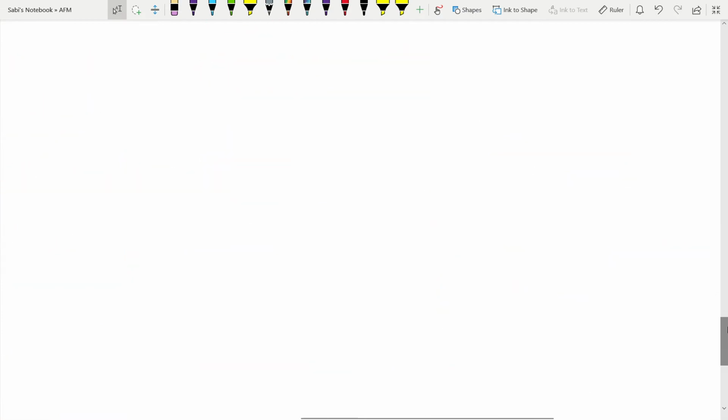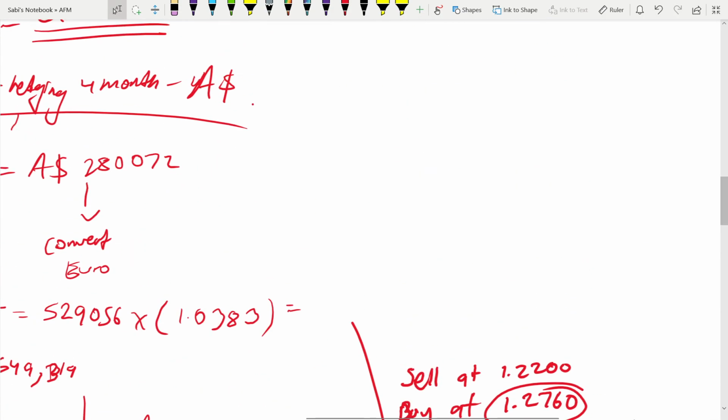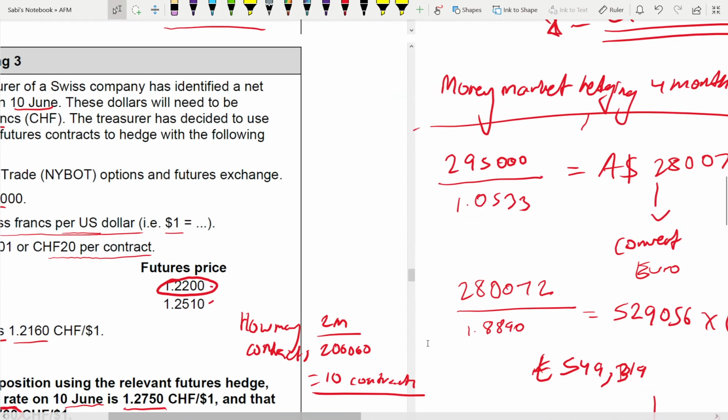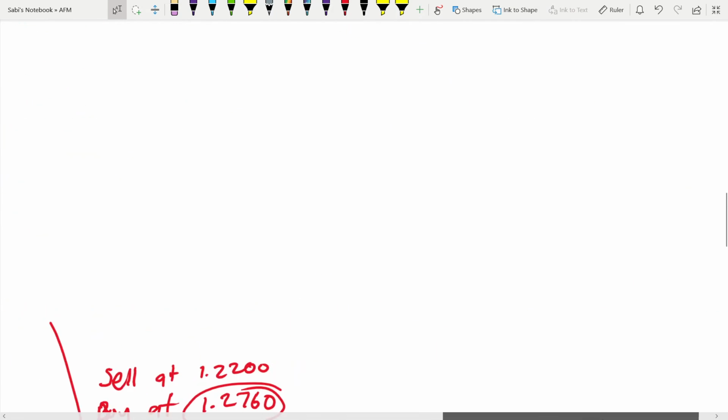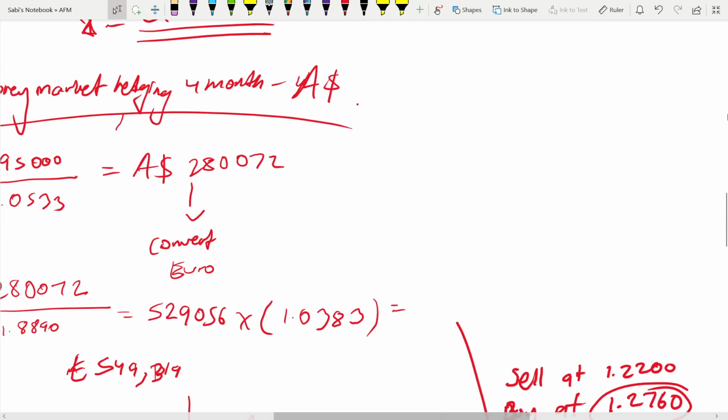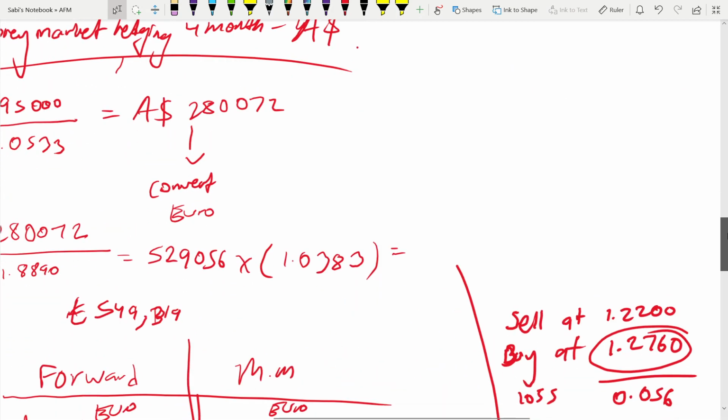So for that, let us go to this question. The spot market on 10th June was this, 1.2750. This was the spot rate, and your receipt was 2 million. So you first convert it into Swiss franc using 1.275 because this is in US. Because your loss is in Swiss franc, you need to convert using the spot rate and then deduct the loss.